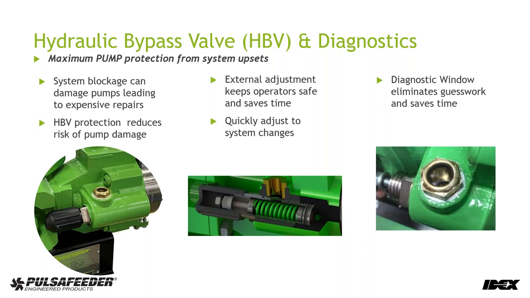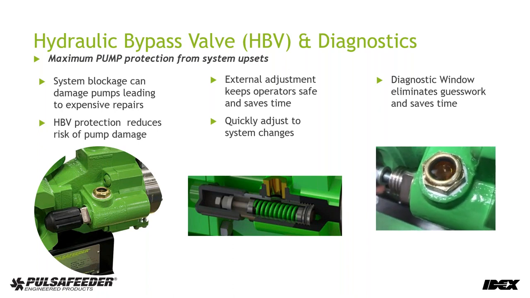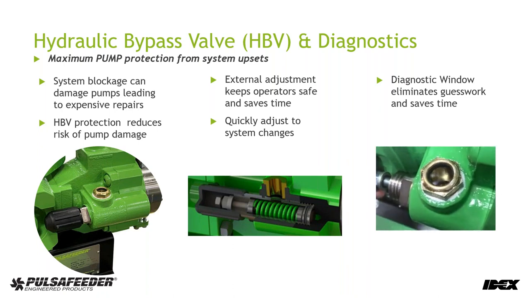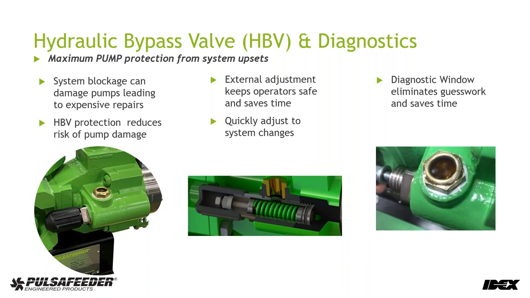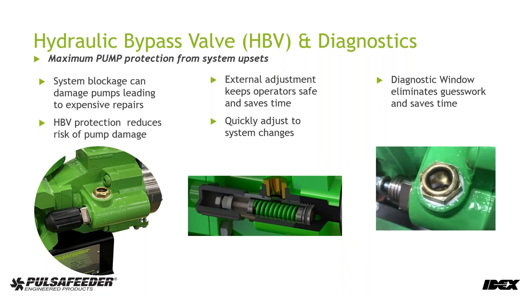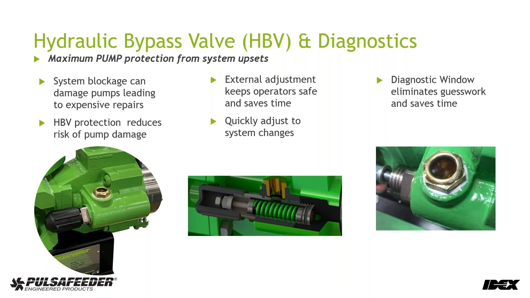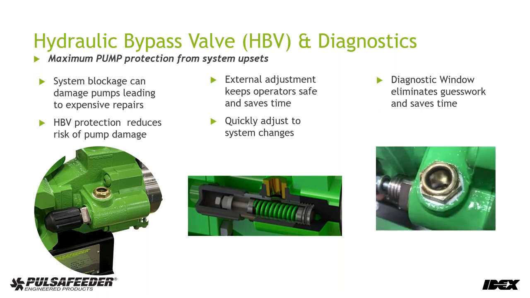So with the PulsaPro, the hydraulic bypass valve is actually external to the pump. And why is that important for you? It's because in other versions of pumps and even our older versions, that hydraulic bypass valve was down inside the hydraulic fluid of the pump.